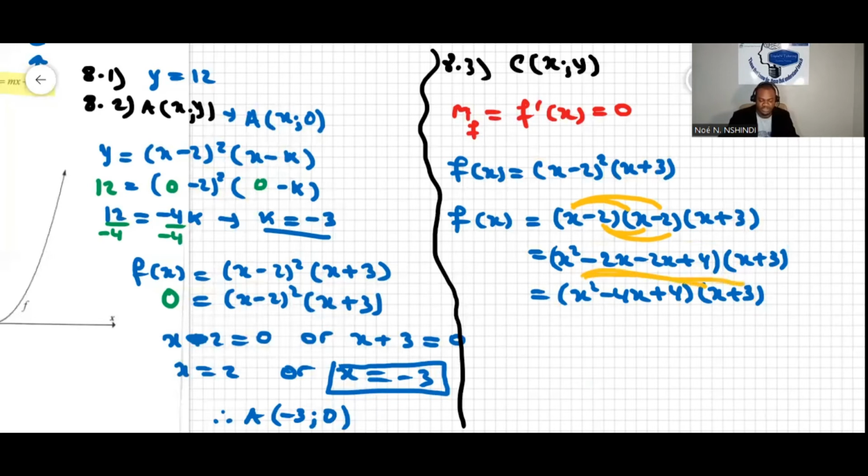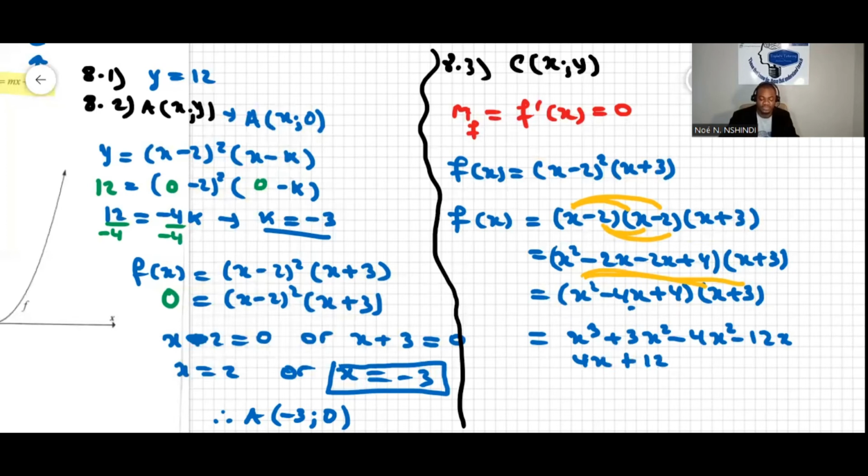So this makes x cubed plus 3x squared. And now we're going to do this negative 4x times x, that makes negative 4x squared. Negative 4x times 3 makes negative 12x. And now 4 times x makes 4x, and then 4 times 3 makes positive 12.